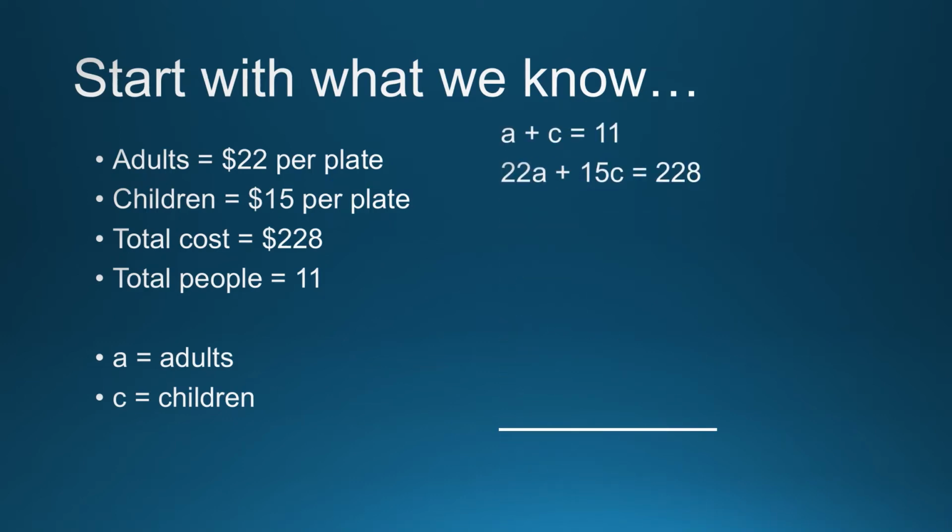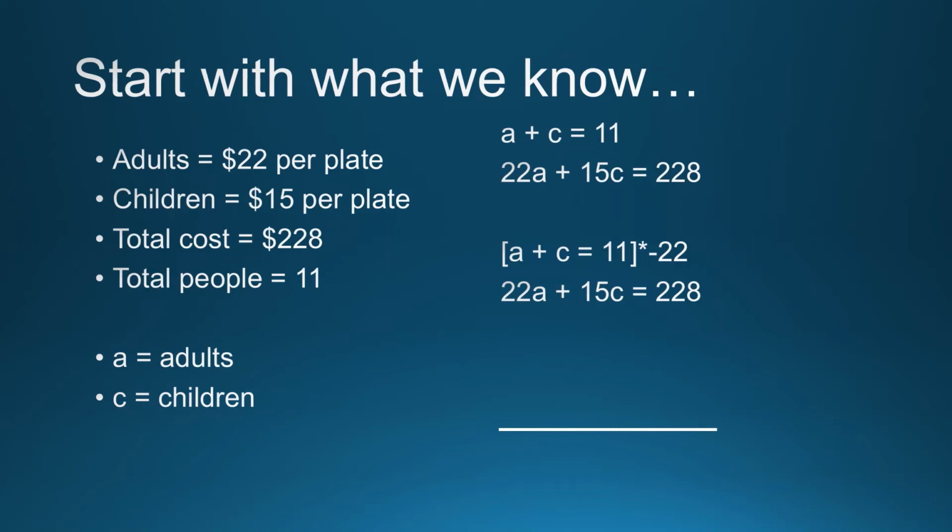If one of our equations is finding the number of people, that would be A plus C, so adults plus children equals 11. And if we're trying to figure out the total price, that equation would be 22A, so $22 per adult plate, plus 15C, $15 per child plate, equals 228.